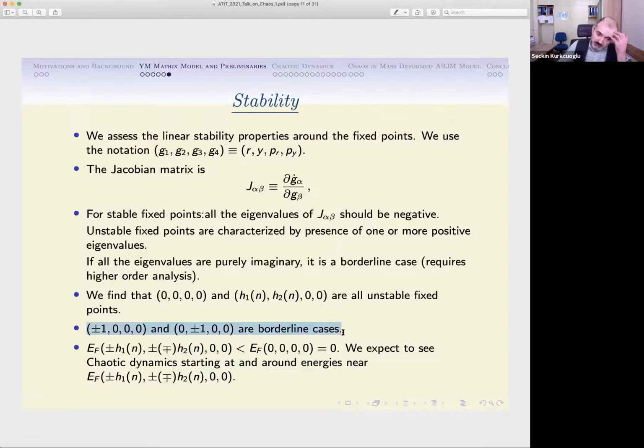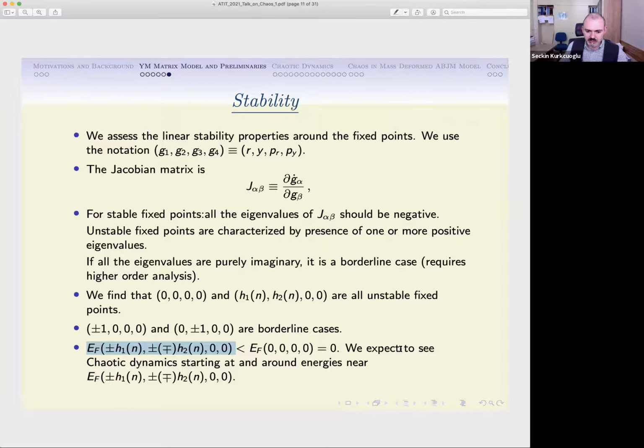They are much weaker in generating chaos, as far as we can tell. And further, since the fixed point energy of this unstable fixed point is 0, the other fixed point energy is negative, so it is less than 0.